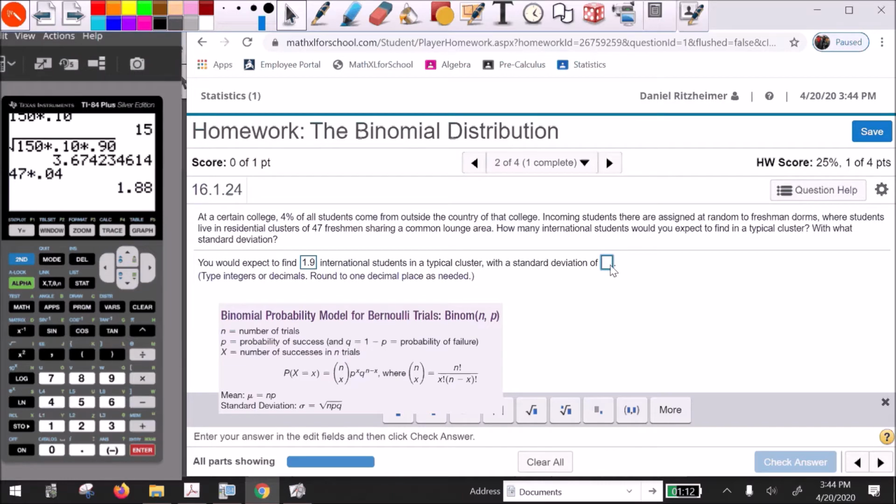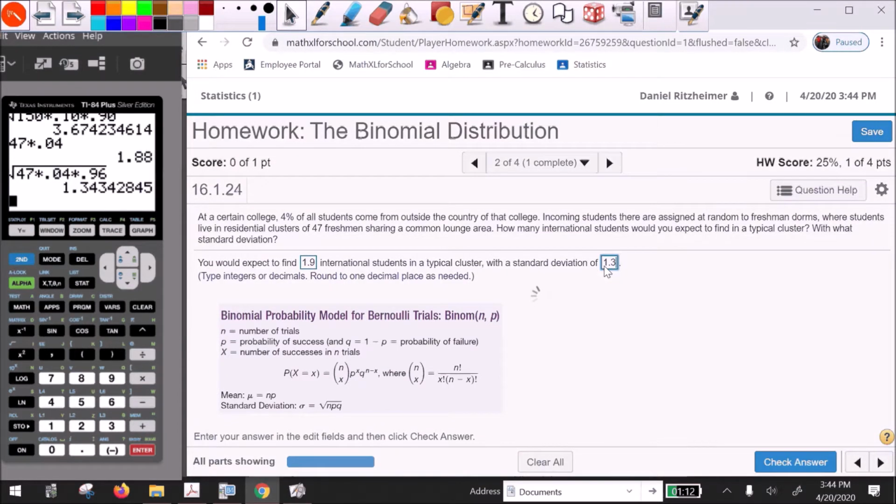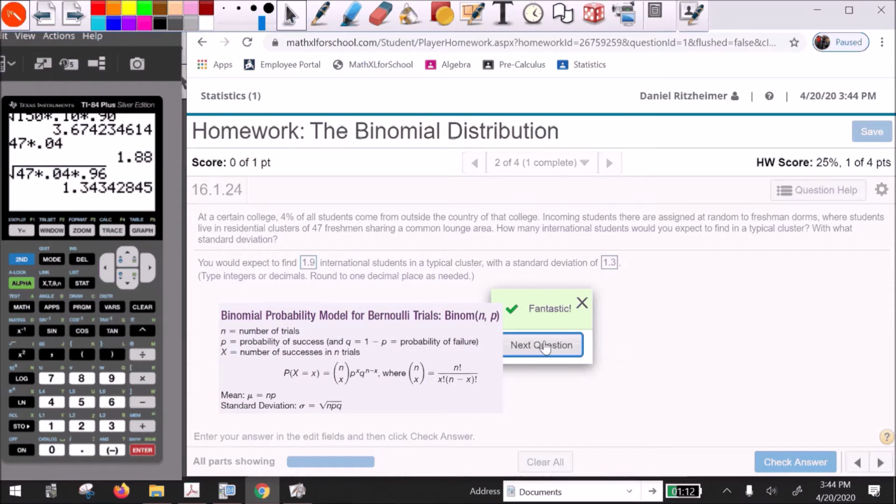And the standard deviation, square root of npq, 47 times 0.04 times 0.96. 1.3. Let's give that a try. All right. Next question.